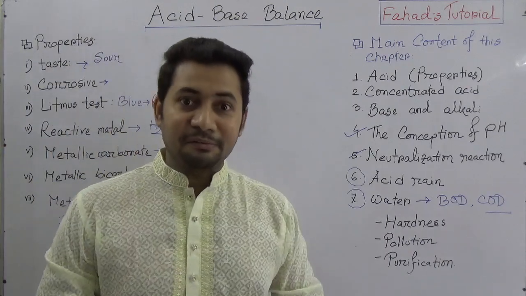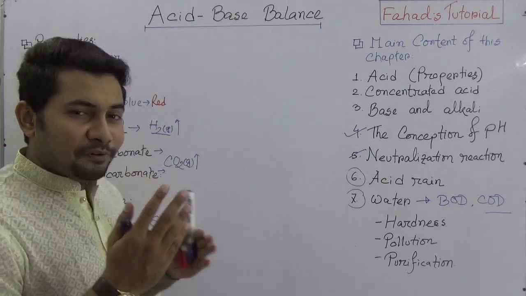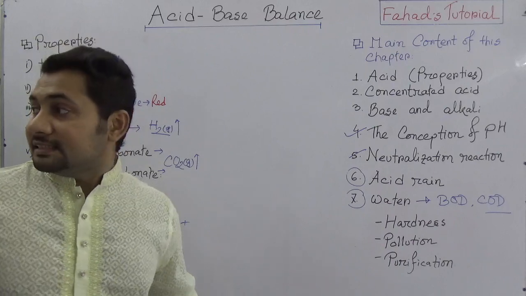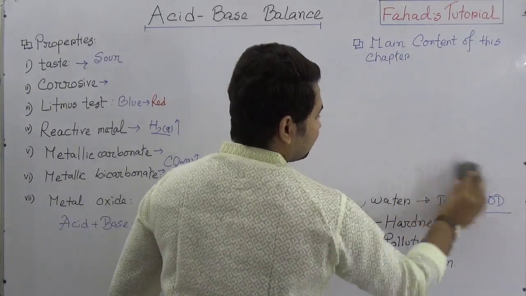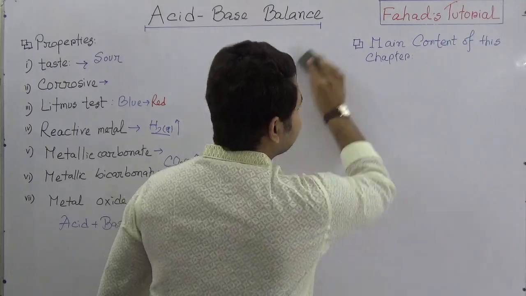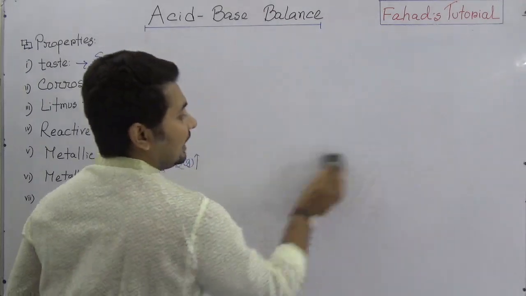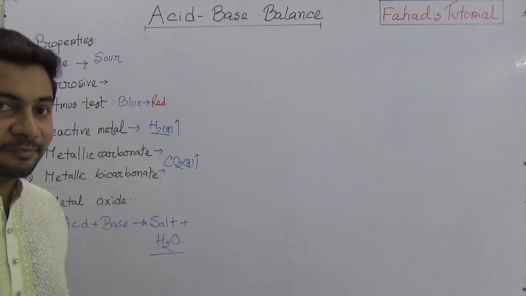Now come to the reaction. Prove that sulfuric acid H2SO4 is an acid. Or if the question is, prove that nitric acid is an acid, how can you prove it?